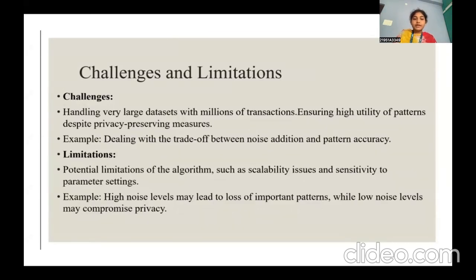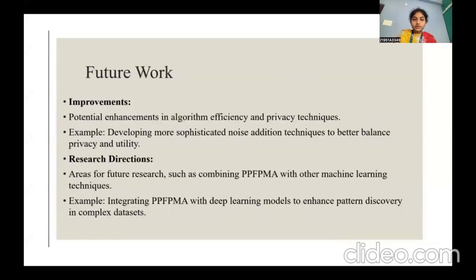Limitations: potential limitations of the algorithm, such as scalability issues and sensitivity to parameter settings. Example: high noise levels may lead to loss of important patterns, while low noise levels may compromise the privacy.